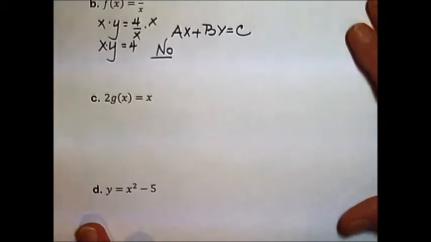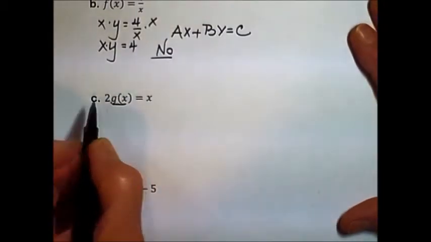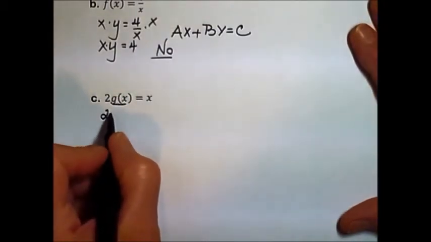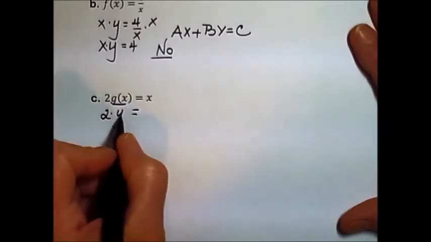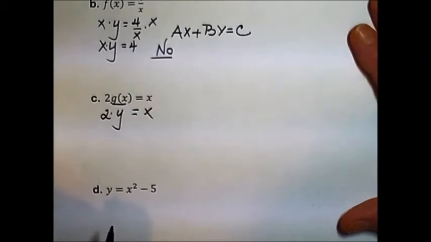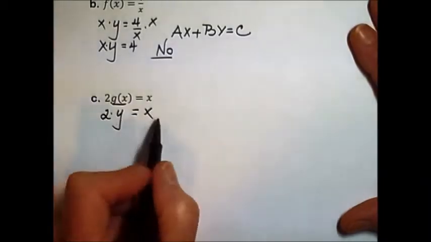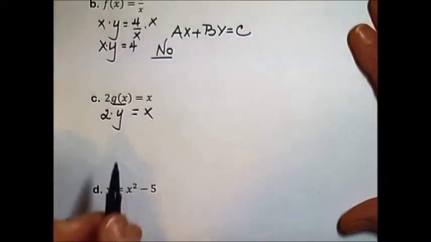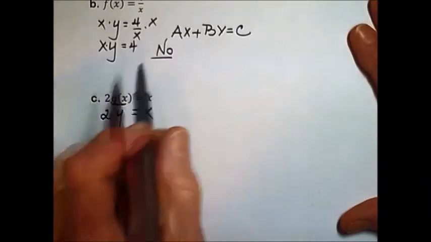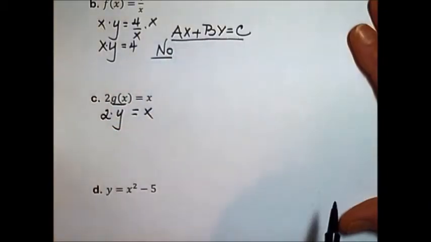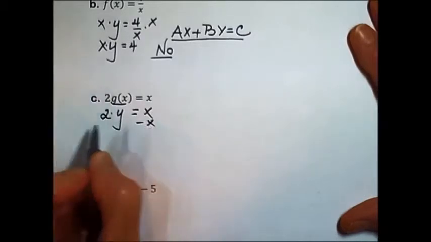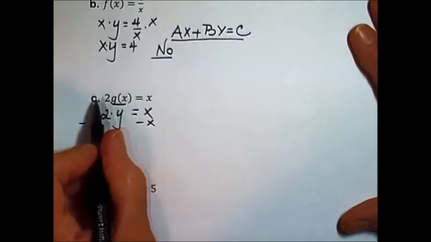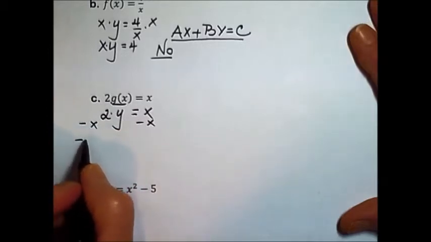The next one also has function notation, so to make this easier to deal with, we'll replace that with an acceptable value of y is equal to x. We have the variables on different sides of the equation. To put it, if possible, in standard form, the ax plus by, I'm either going to subtract an x from each side or take the x to the other side, which changes its sign.